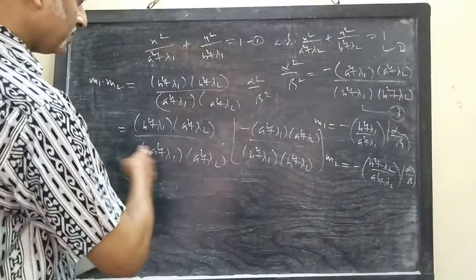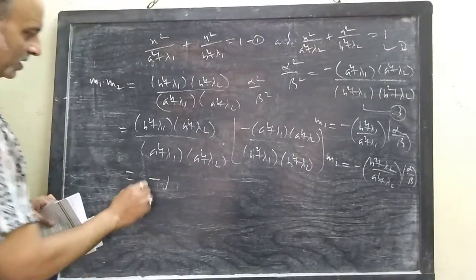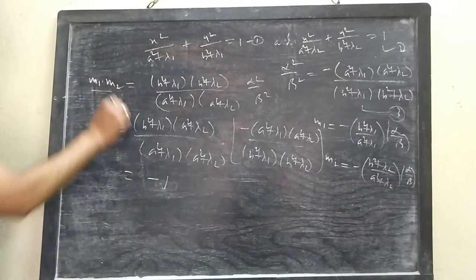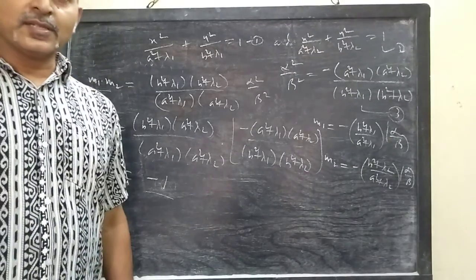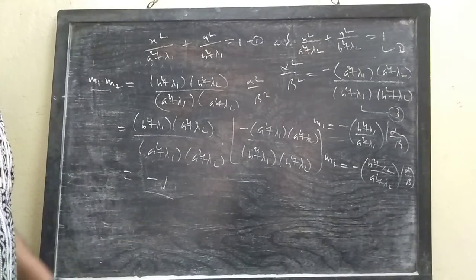Now look, they cancel each other, then we get minus 1. So as we get m1 into m2 equals minus 1, we can say the curves 1 and 2 cut orthogonally. Okay.